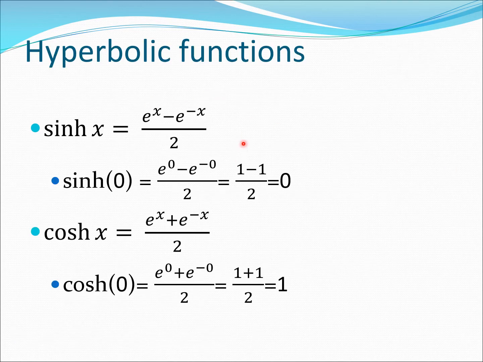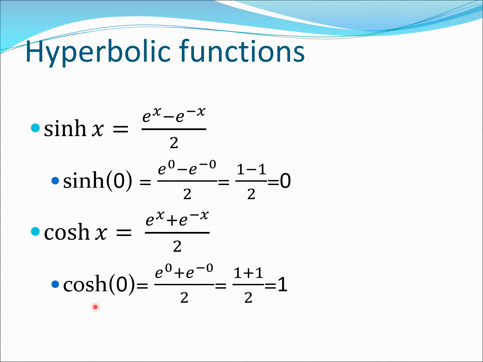Now just to recapitulate, sinh x is (e^x minus e^(-x)) by 2, and therefore sinh 0 can be written as (e^0 minus e^(-0)) by 2, or (1 minus 1) by 2 equals 0. Similarly, I can write out an expression for cosh x.